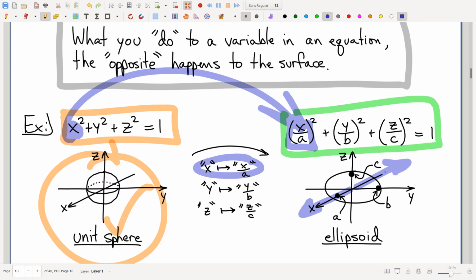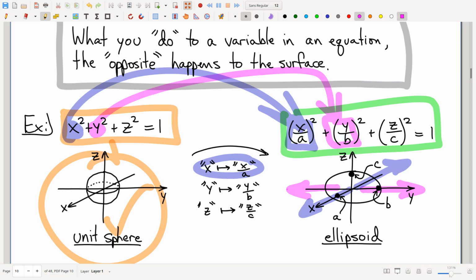Is everybody with me so far? Analogously, by the way, for y, right? So y is being replaced by y over b, and so that's going to stretch by a factor of b in the y direction. So this is a great way to take knowledge that you have of simpler questions and use that as a foot in the door to help you understand a harder question. Right?